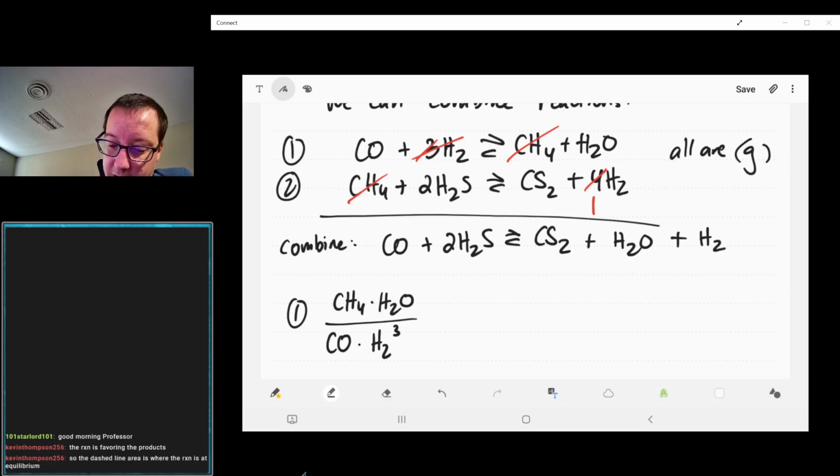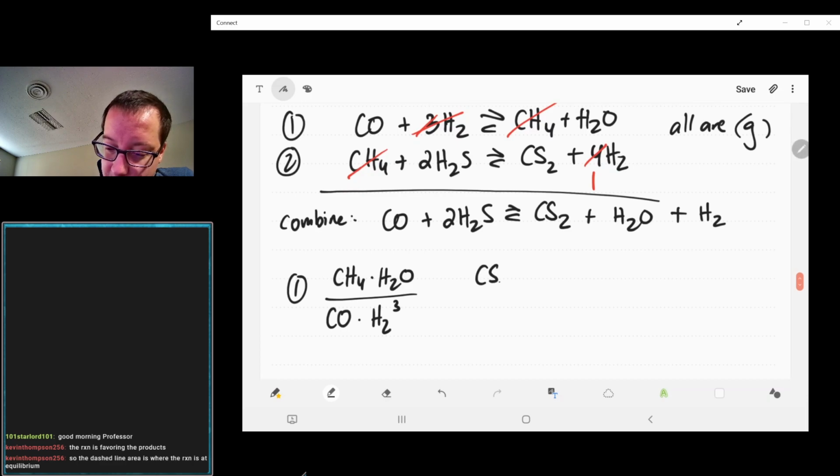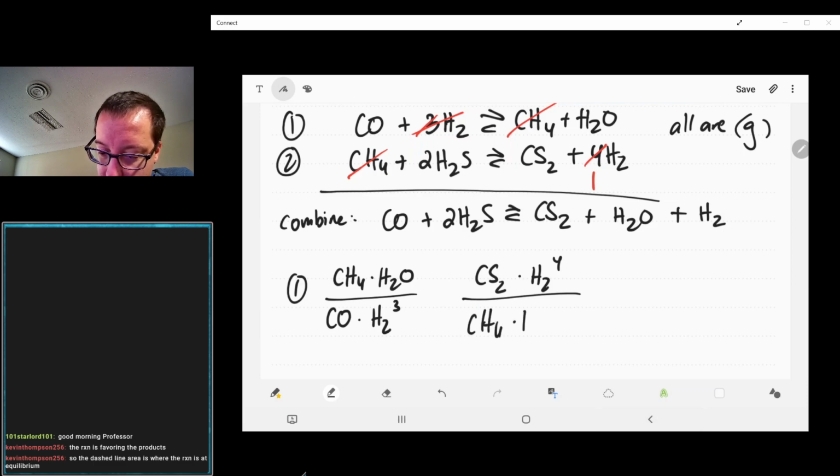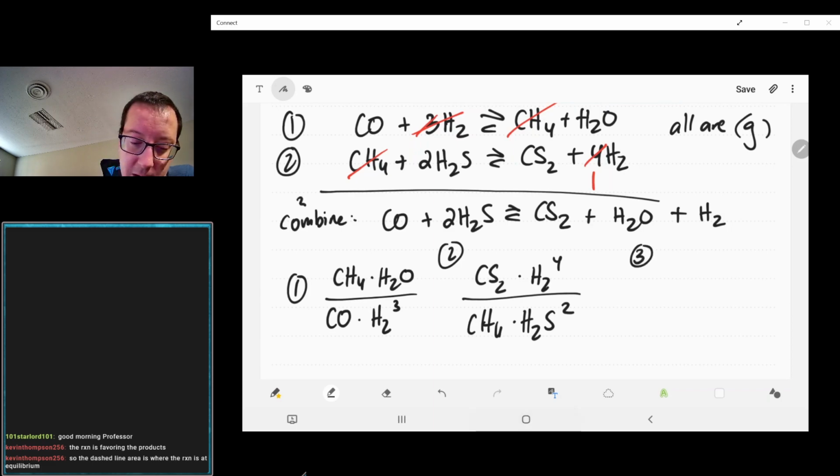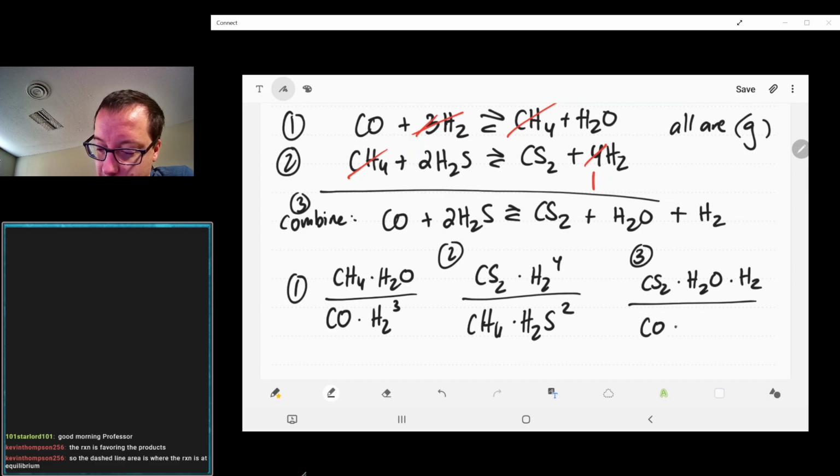If we look at reaction 2, CH4. And then our combined reaction, reaction 3. Put all these here.